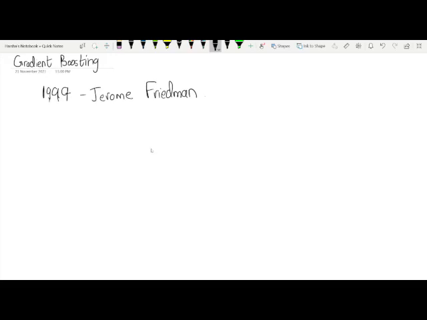Even though it was introduced in 1999, it's still probably one of the most popular ensemble methods in 2021, and its variants are among the most popular ensemble methods used in data science competitions.